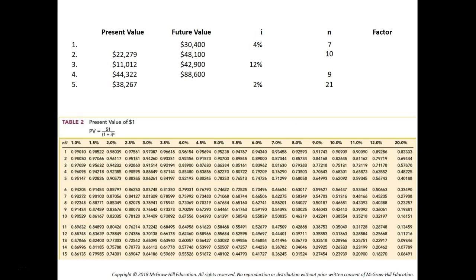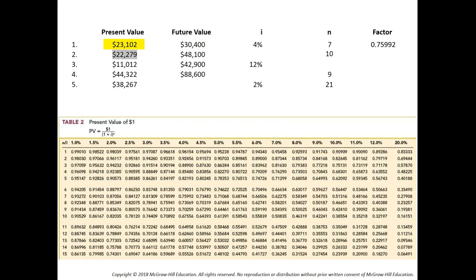So, in this scenario, we know the future value. We know the interest rate is 4% at 7 periods. So we're going to go to the table to find the factor, 7 periods at 4%, which gives us 0.75992, right where the intersection is. So we can calculate the present value by that factor times 30,400. That gives us the present value amount.